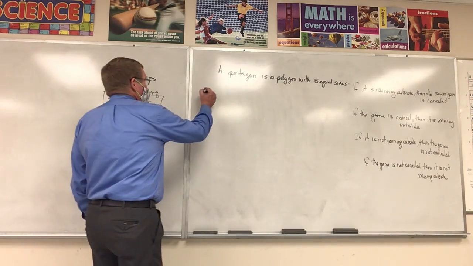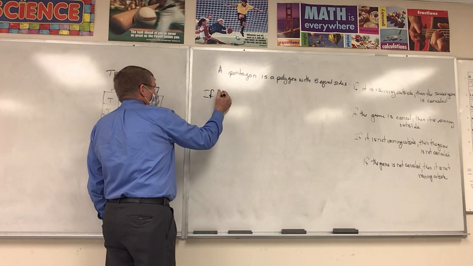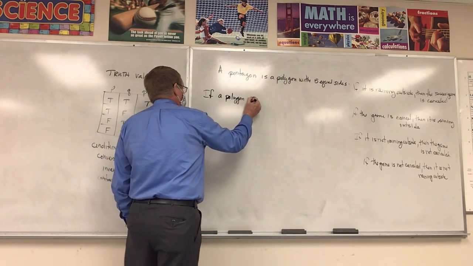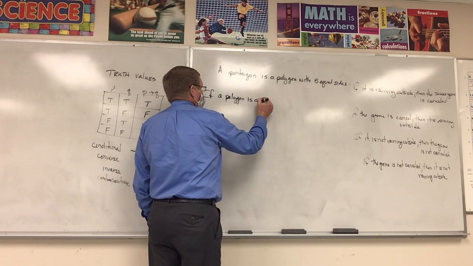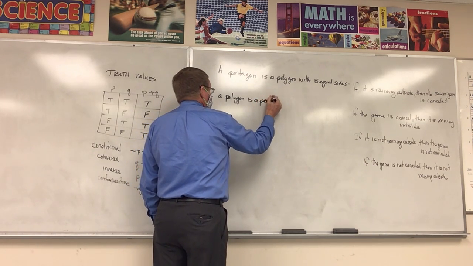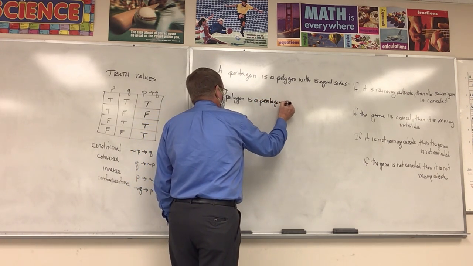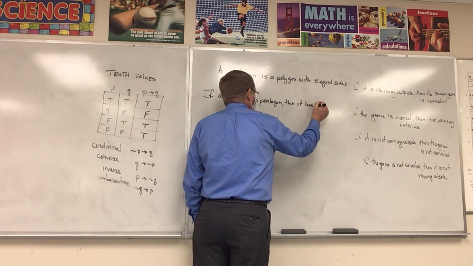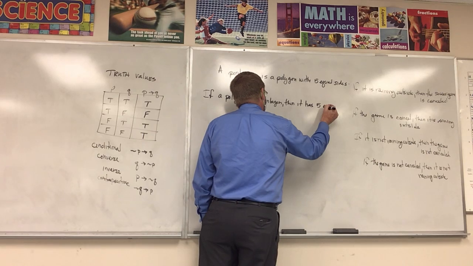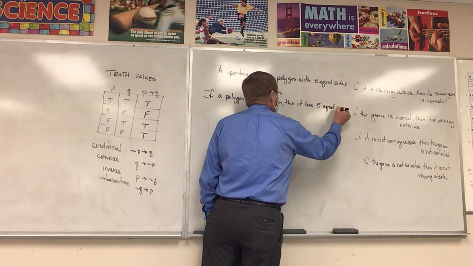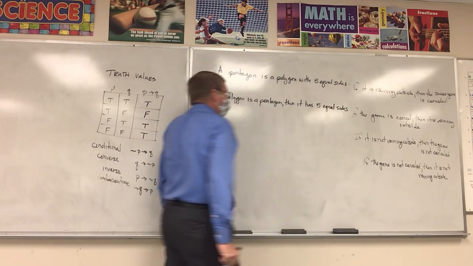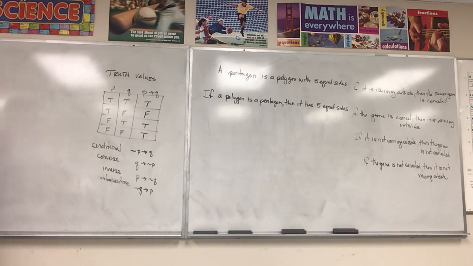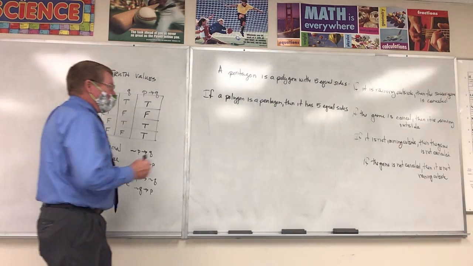Correct. If a polygon is a pentagon, then it has 5 equal sides. So there's my conditional. What's my hypothesis here?